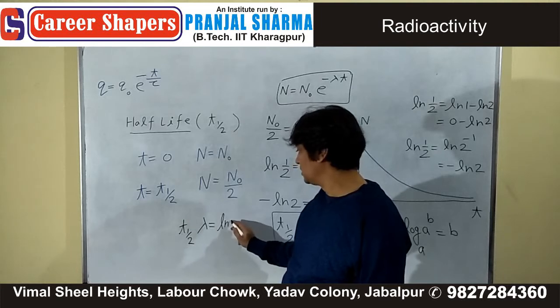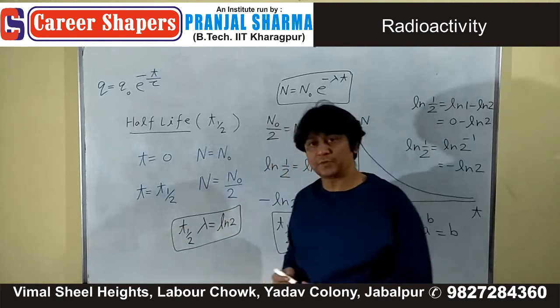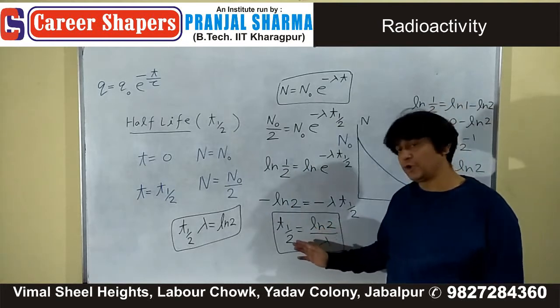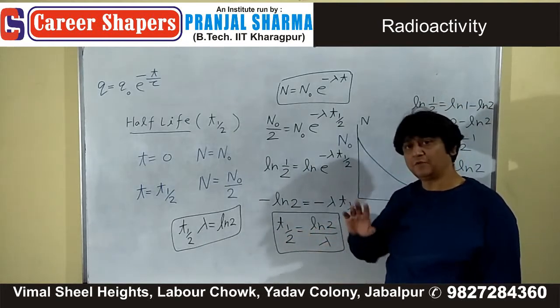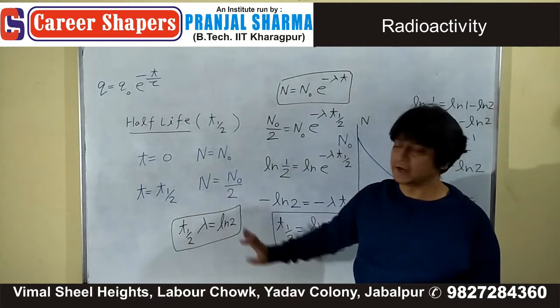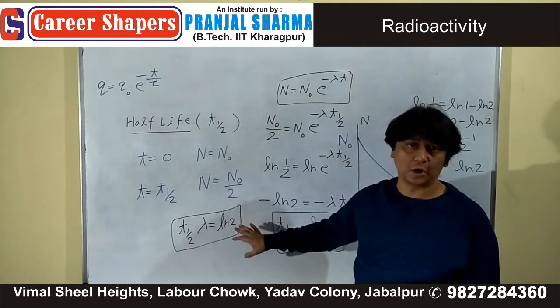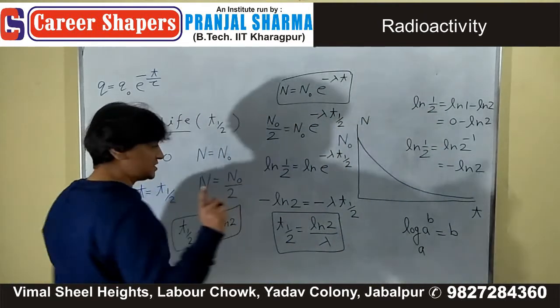What is that constant? Log 2. You can remember it in this form also. For different radioactive nuclides, T half is different, lambda is different. For all of them, the product of T half and decay constant is always what? Log 2. When you say log 2, remember the base is what?